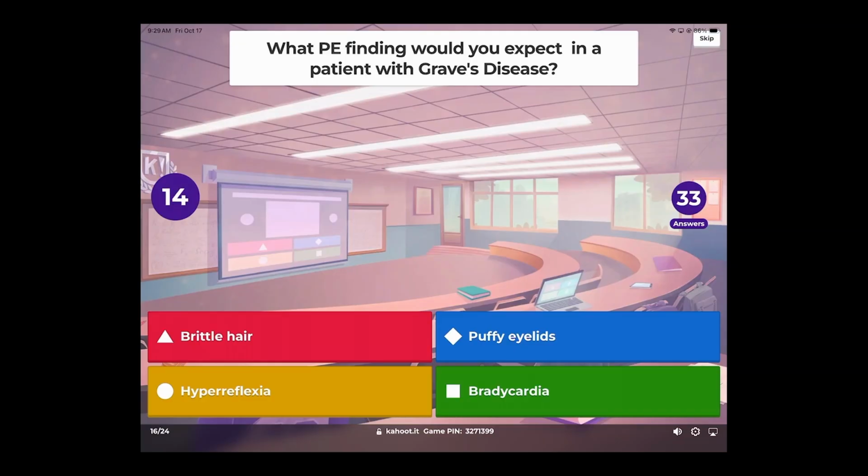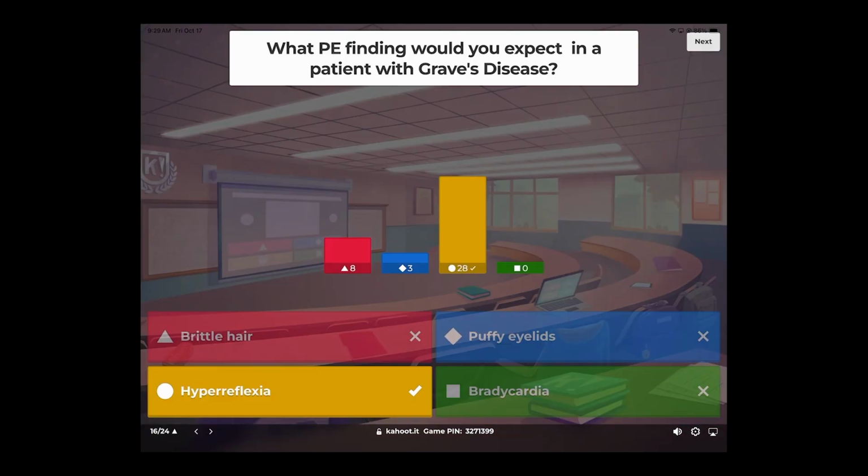So remember, Graves' disease is hyper or hypo. Hyper. Then look at the symptoms. Which one goes along with hyperthyroidism? And it's hyperreflexia. Brittle hair, puffy eyelids, bradycardia are all hypothyroid symptoms. Everyone good on that one?